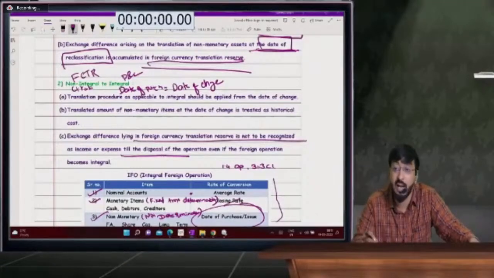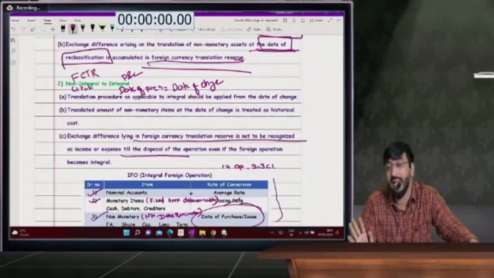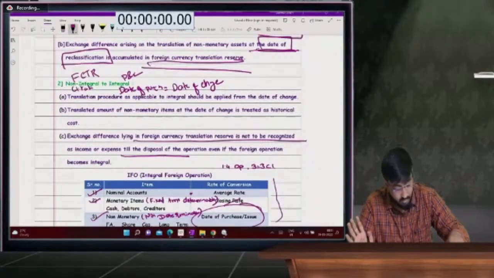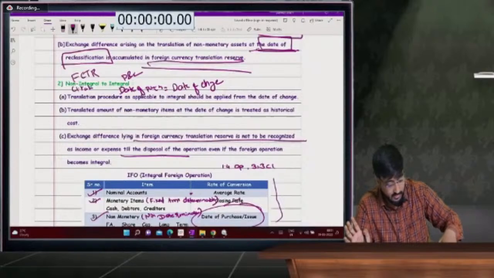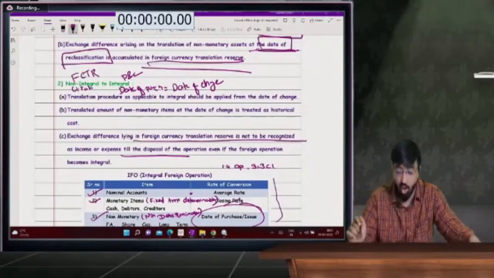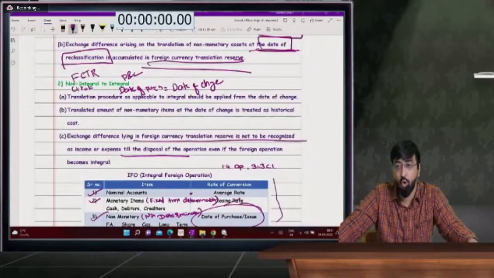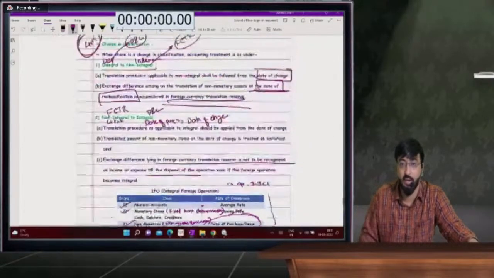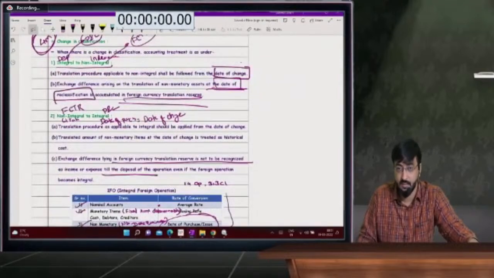So FCTR balance will be continued till the last date. Okay? So it's very simple, my friends. Non-integral to integral and integral to non-integral. I hope you are clear with this concept. Friends, these questions are really very easy.